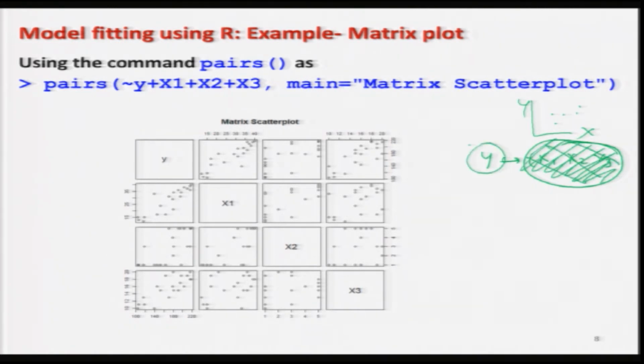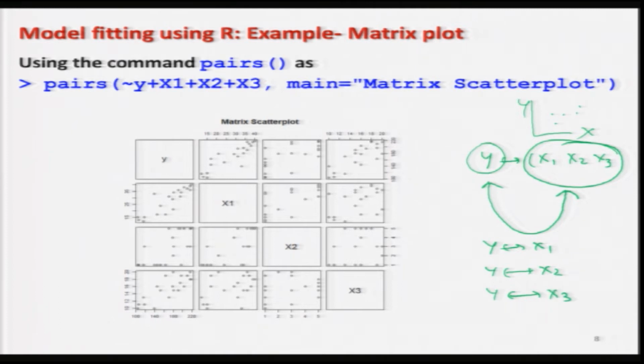You simply have the values of y. But what do you want to check? You want to check whether the relationship between y and all these variables x1, x2, x3 is linear or not. So, one possible way out is this: I can check whether the relationship between y and x1 is linear or not, the relationship between y and x2 is linear or not, and y and x3 is linear or not.